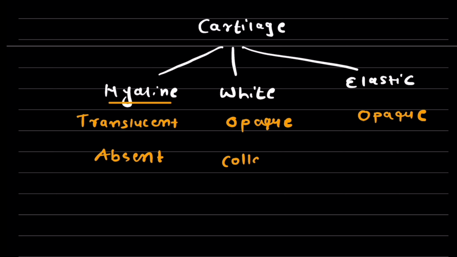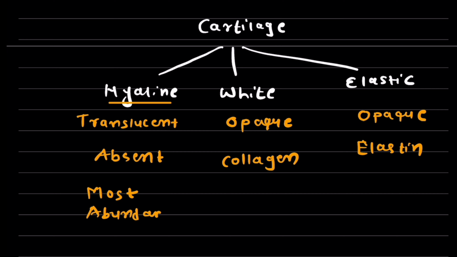In white fibrous cartilage, the fiber is made up of collagen, and in elastic cartilage, the fiber is made of elastin. Hyaline cartilage is the most abundant, white fibrous is the strongest cartilage, and elastic cartilage is pliable or stretchable.